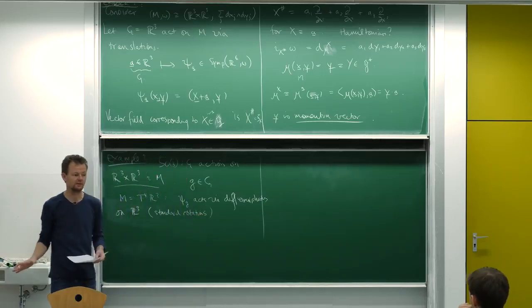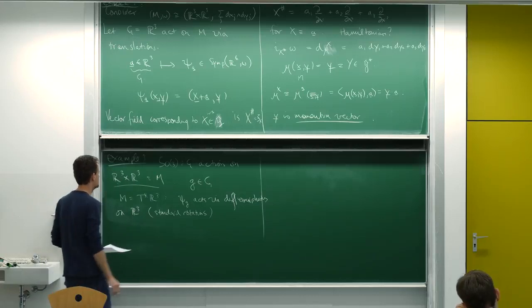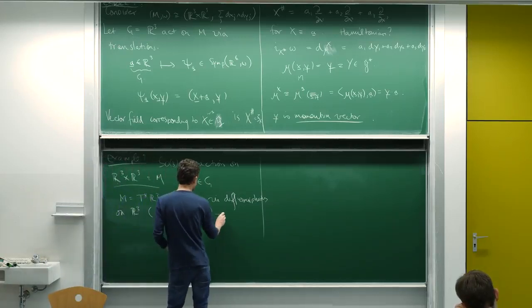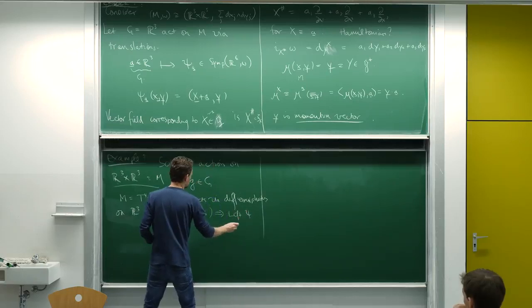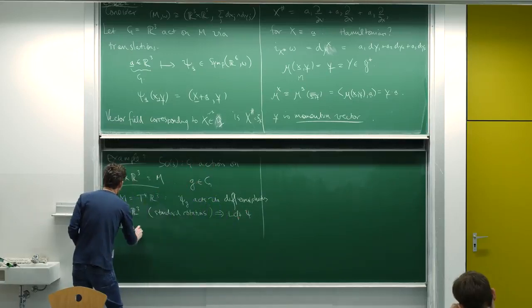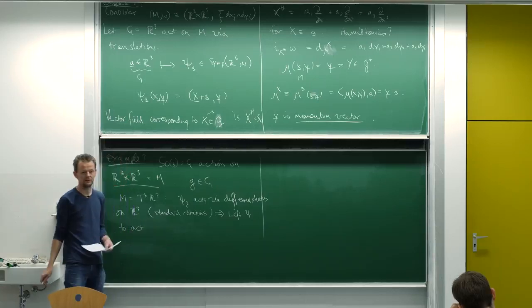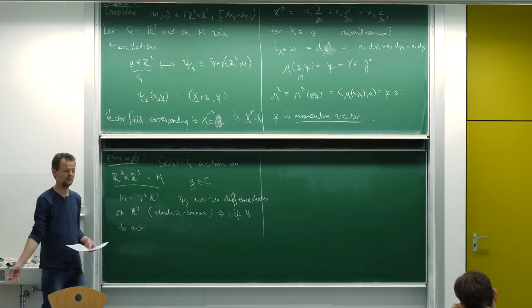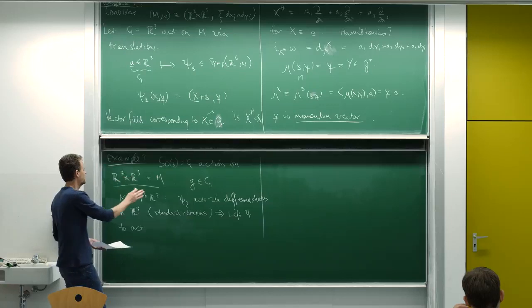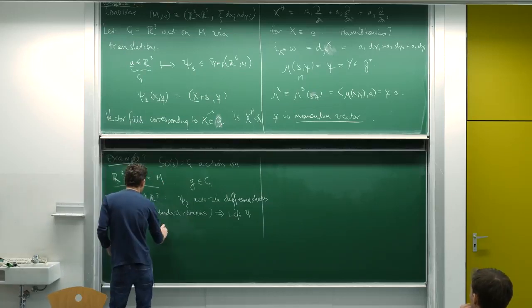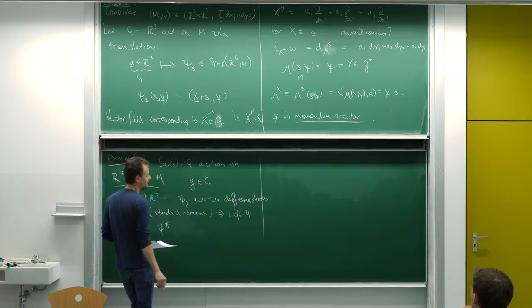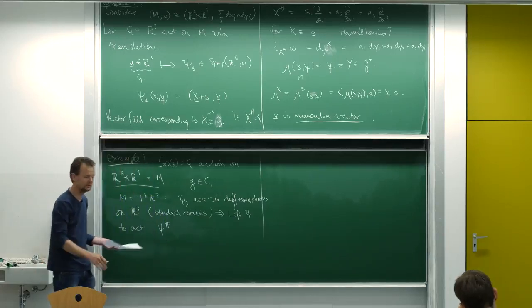So the group acts on R3 just by rotations. And we have this result many lectures ago that if you have a map acting via diffeomorphisms on M, then you can lift that to a map psi hash acting via symplectomorphisms on the cotangent bundle.